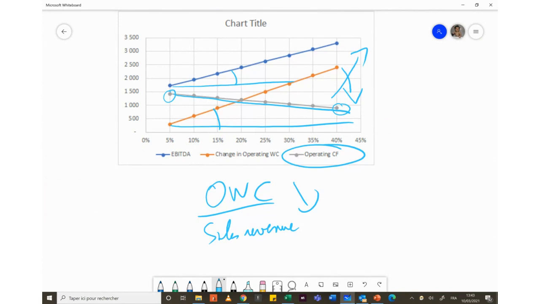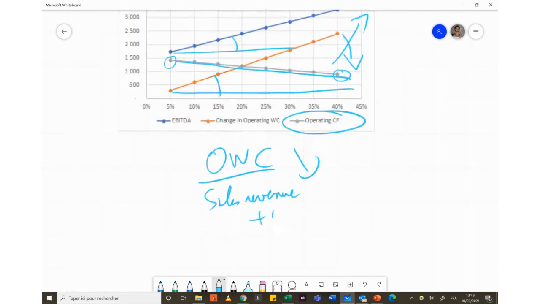So if you increase your sales revenue by 40%, maybe you should increase your market share. If you increase your market share, you can better negotiate with the suppliers and the customers. So you can reduce the operating working capital in percentage of the sales revenue.